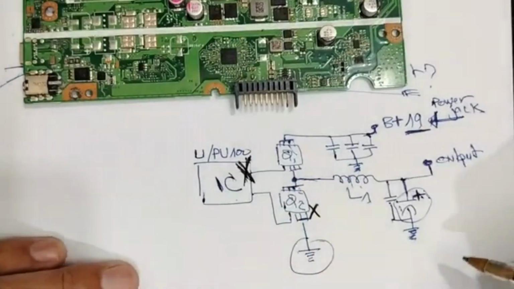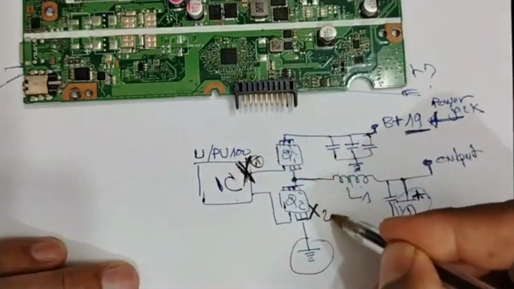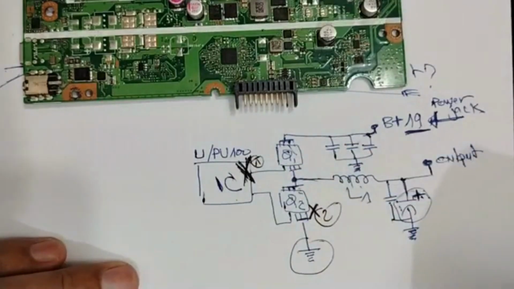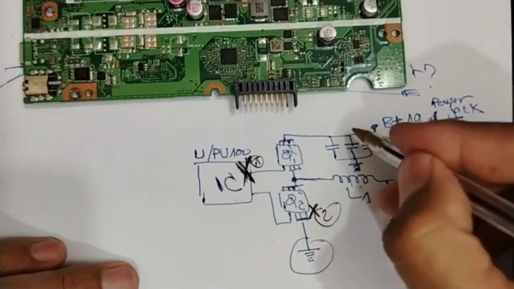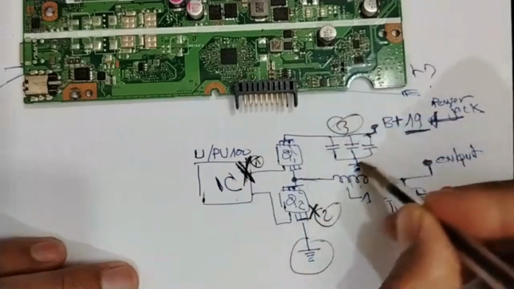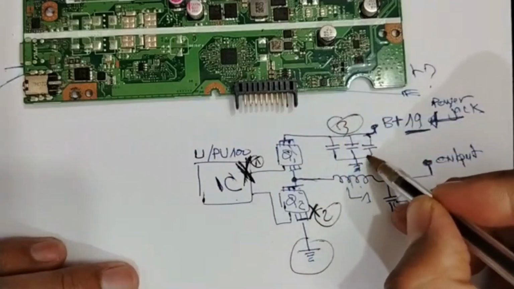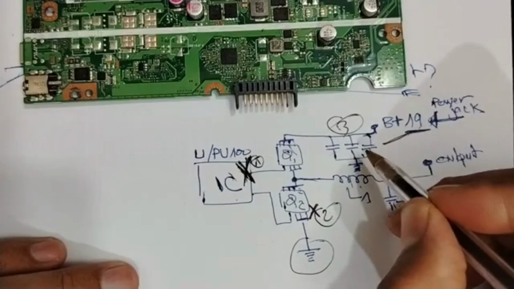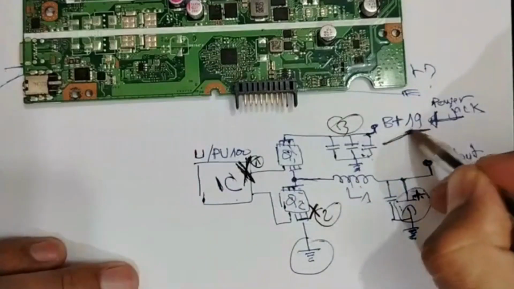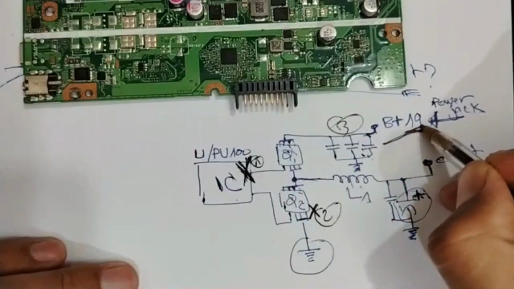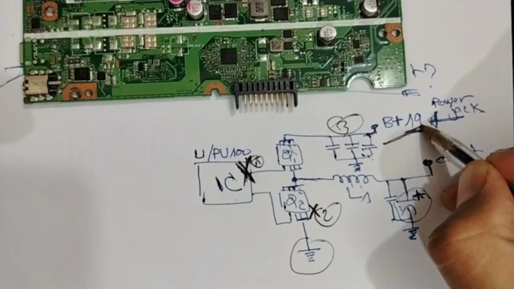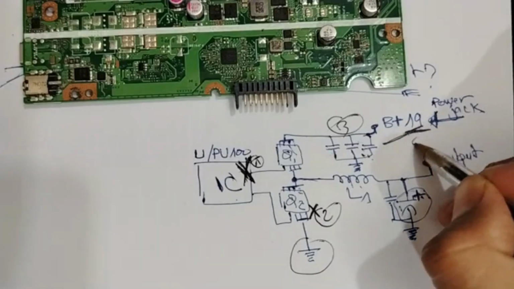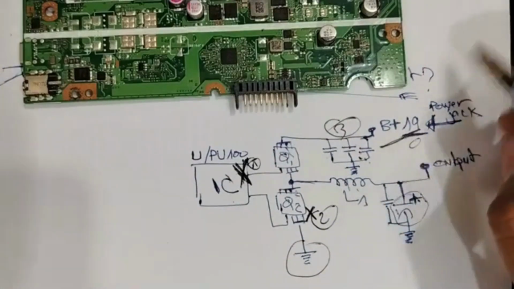It could be shorted. Okay, here we have one, here we have two. Okay, 3 here, ceramic capacitors. Ceramic capacitors in the input could be shorted. If the ceramic capacitor is shorted, the 19 volts here, or the main voltage or the Vin, will be 0. You will get a dead board.